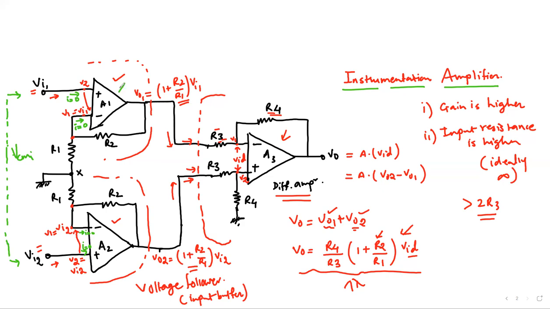These two first stages, amplifiers A1 and A2, are going to amplify this VCMI with the factor 1 + R2/R1, which is the same as what they do with the differential signals. At the second stage, they appear and, because of the differential amplifier action, they will get cancelled out.